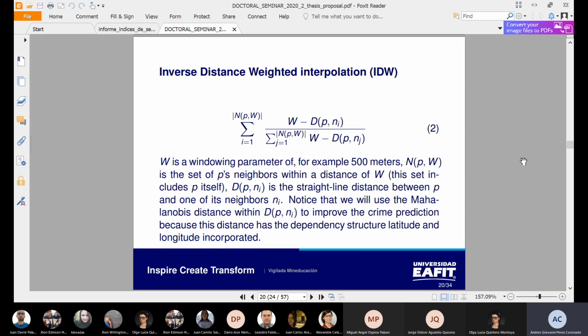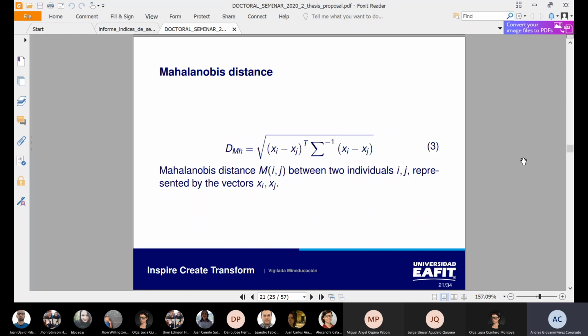The closest points to me, I am going to give more value, and the farther ones, not close to me, I am going to give a small value. Even here the distance is very important, because I can give for points that are close to me a Euclidean distance, or we can give that in Mahalanobis distance.